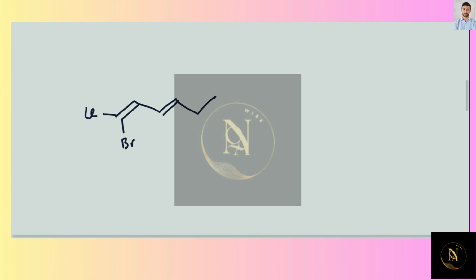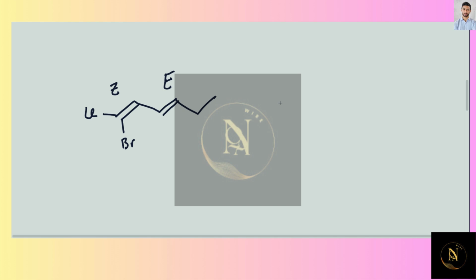We've got to refer to each double bond individually, right? So this one is Z because the bromine is on the same side as the higher priority carbon chain on the right-hand side, and on this side we're looking at this chain versus this chain. These are on opposite sides, so we're E over here.